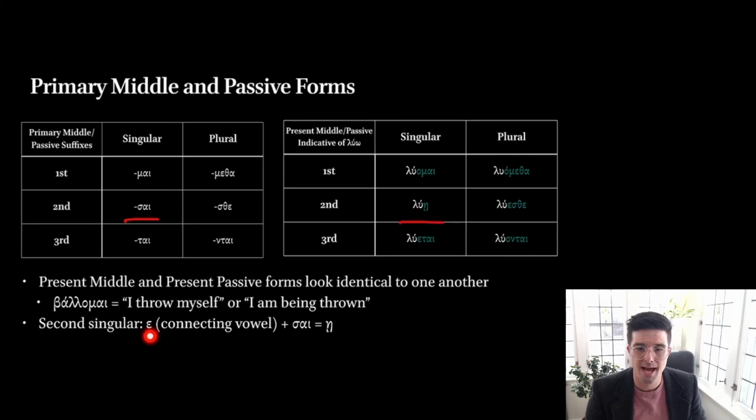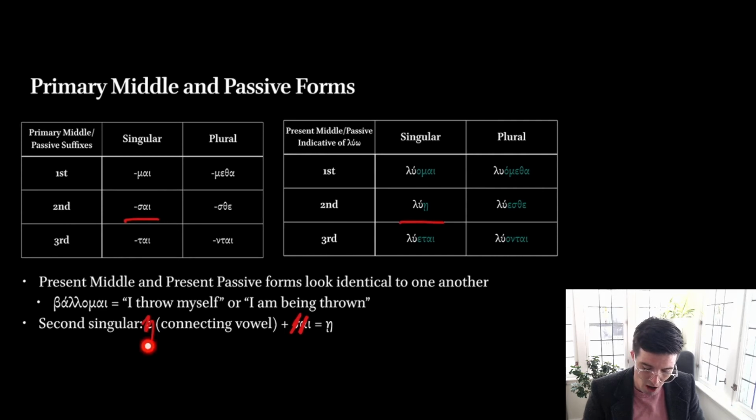So when you get this alpha added on to this psi ending, the sigma doesn't like to stand between two vowels. So it drops out, leaving epsilon plus alpha plus iota. And the epsilon, when it combines with the alpha here, is going to want to lengthen to an eta. So it goes to an eta and the alpha goes away.